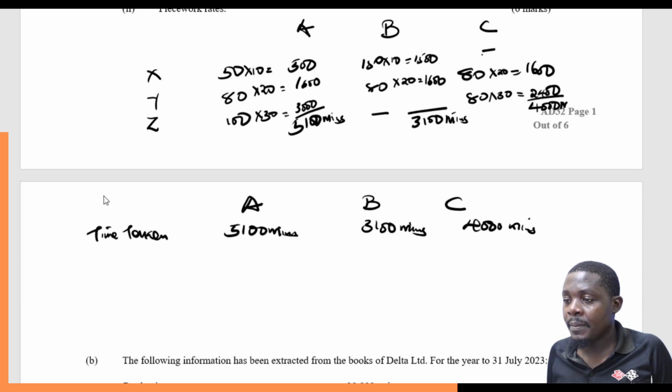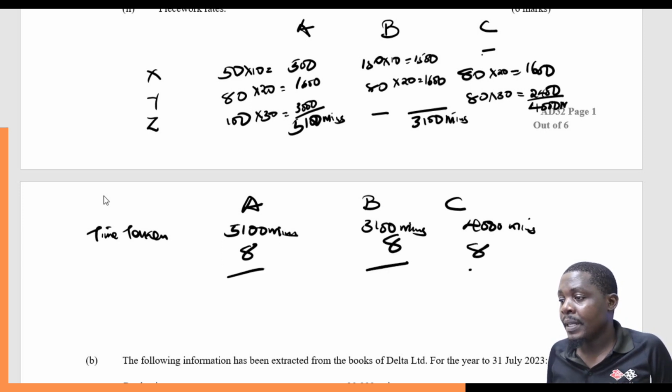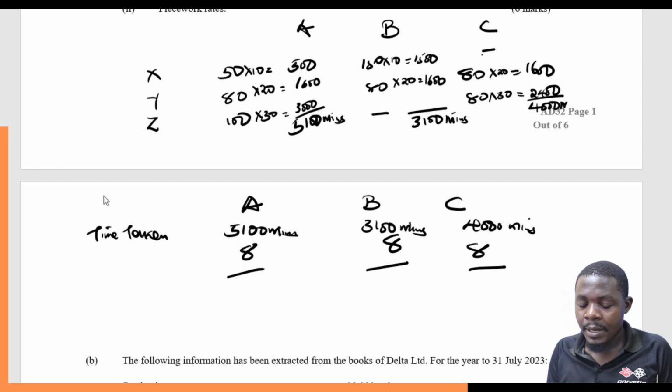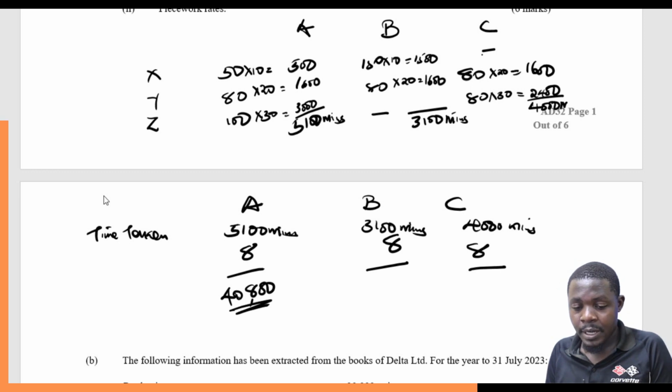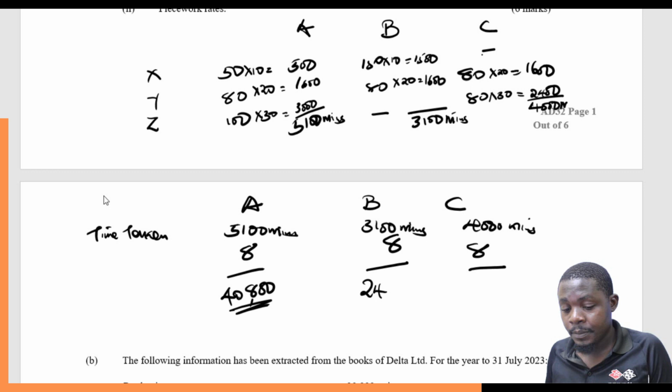The company values 8 shillings per minute, so we multiply by 8. Multiply by 8, we have 40,800. Then 3100 multiplied by 8, have 24,800.